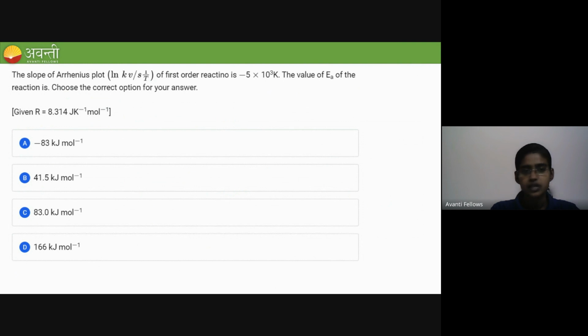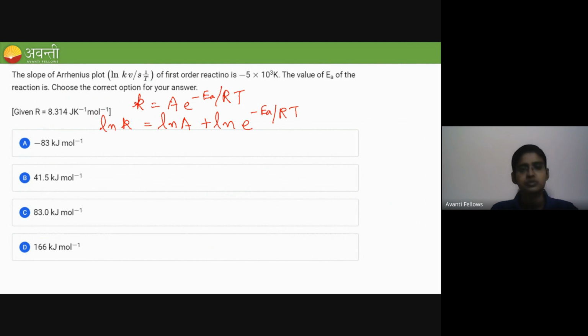So let's start with the Arrhenius equation. The Arrhenius equation is k = A e^(-Ea/RT). Take log on both sides. So ln k = ln A + ln e^(-Ea/RT). Logarithm and exponential get cancelled, so ln k = ln A - (Ea/R)(1/T).